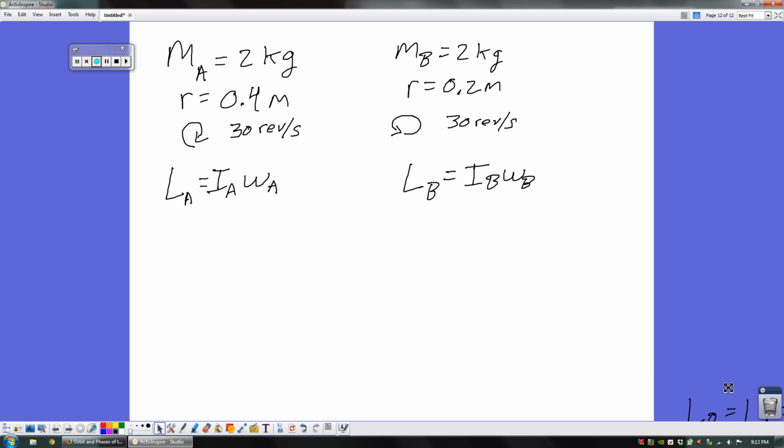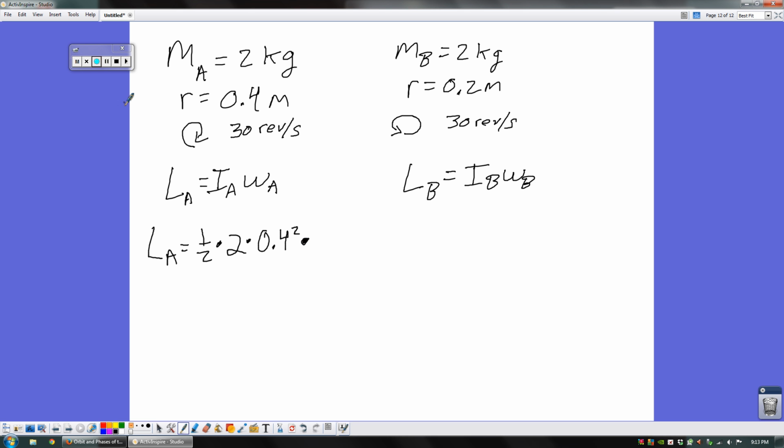Let's do this. This is a disk, so I'm going to check my table: a cylinder or disk about the center. I equals 1/2 mr squared, times 30 revolutions per second.